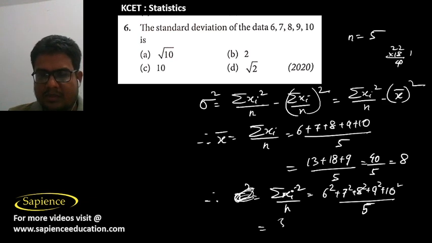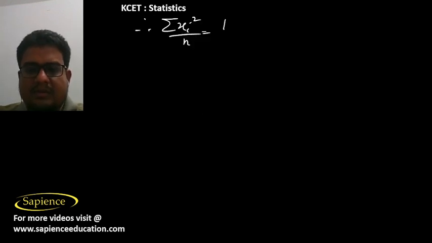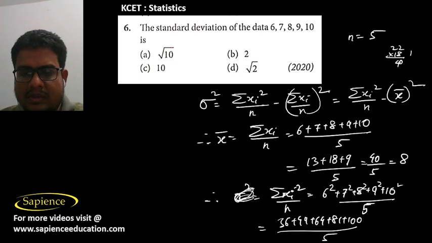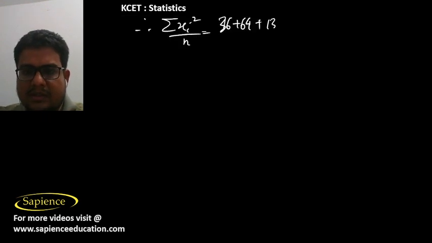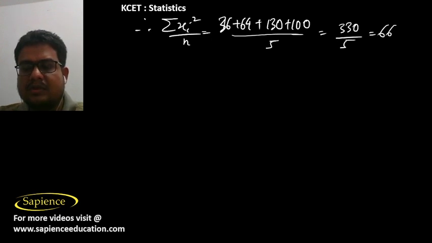That will be 36 plus 49 plus 64 plus 81 plus 100, divided by 5. 36 plus 64 is 100, 49 plus 81 is 130, plus 100, so 200 plus 130, that is 330 by 5, that is equal to 66.